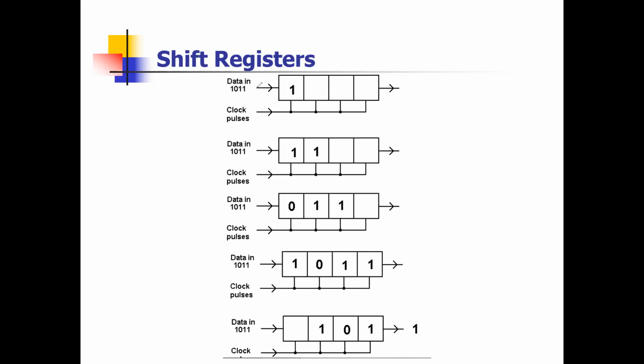I am going to send this data first. If I am giving this data with the clock, because we know that the flip-flop will work with the clock. Without the clock, it will not work. So the data will be saved in the first flip-flop and the other flip-flops will be empty. So I can say E, empty, empty.